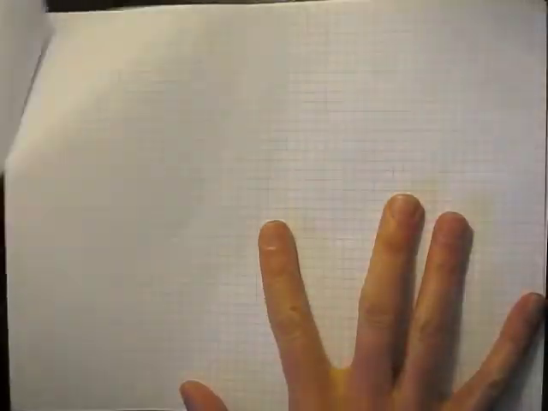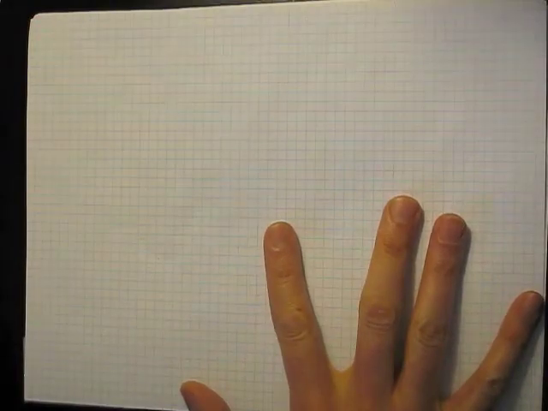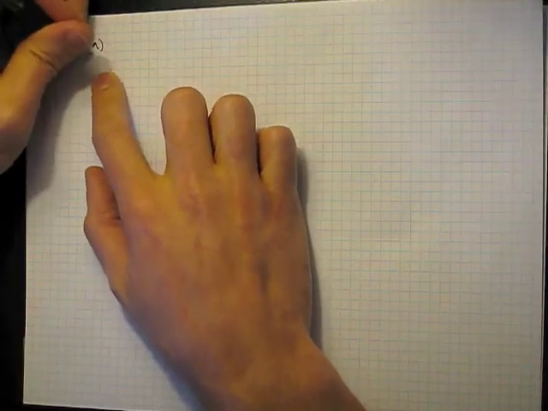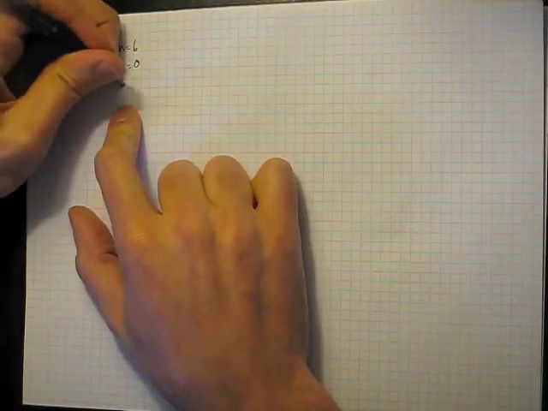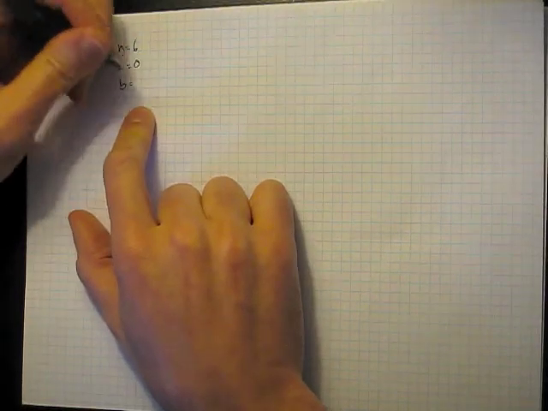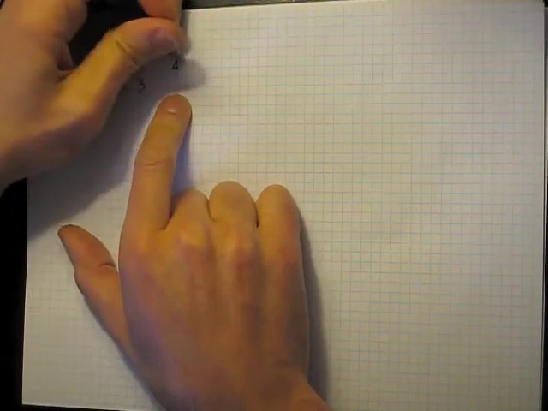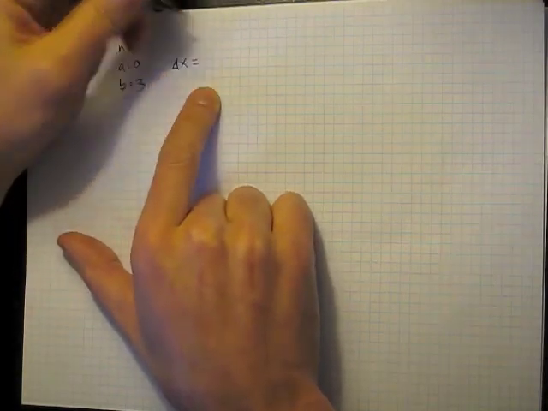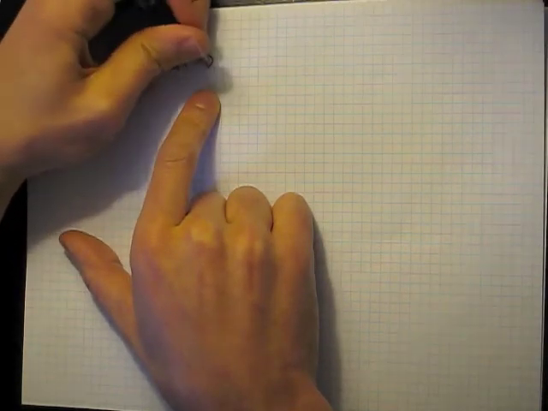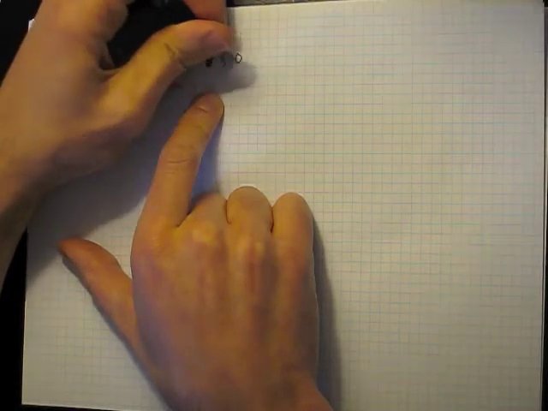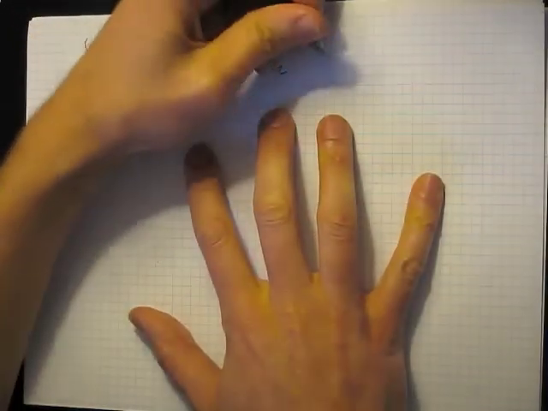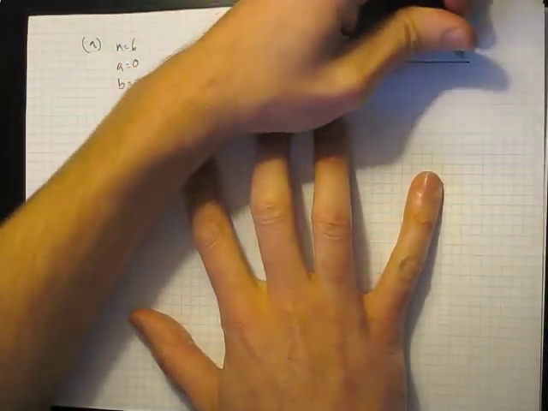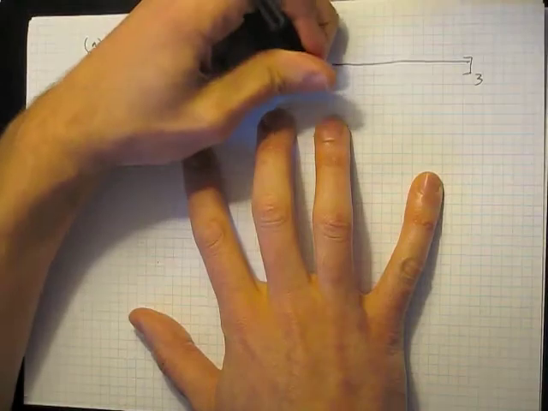Now let's do this. So let's do part A. So n equals 6, a equals 0, b equals 3. So the width of our rectangles will be, I'm sorry, it'll be 3 minus 0 over 6. That's a half. Okay, and so what's really going on here is we've got an interval from 0 to 3.